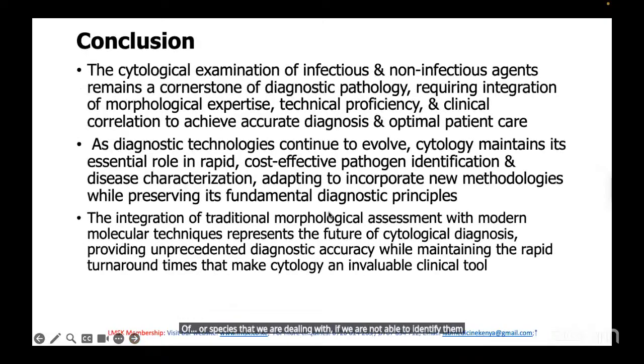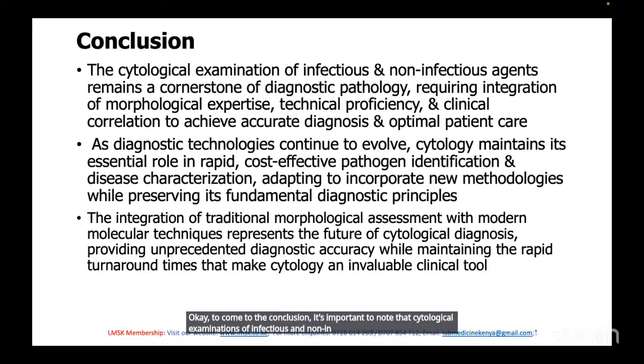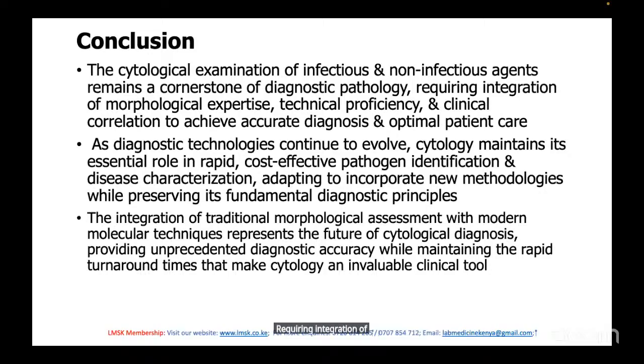Okay, to come to the conclusion, it's important to note that cytological examination of infectious and non-infectious agents remains a cornerstone of diagnostic pathology, requiring integration of morphological expertise. So you have to be an expert in morphology.